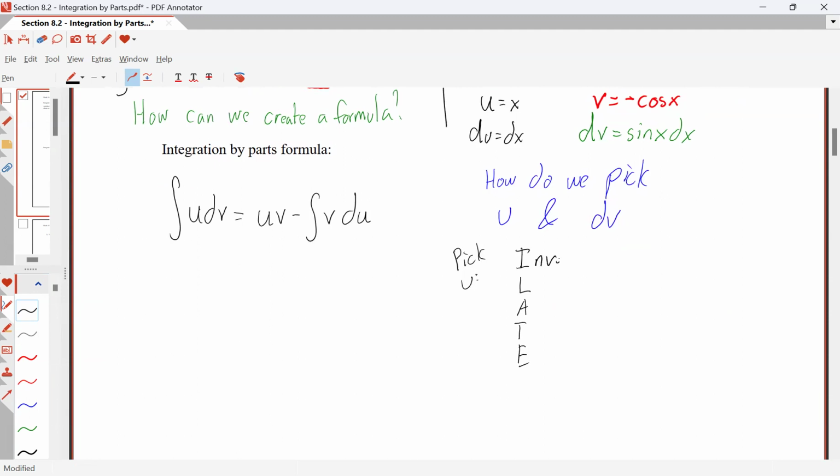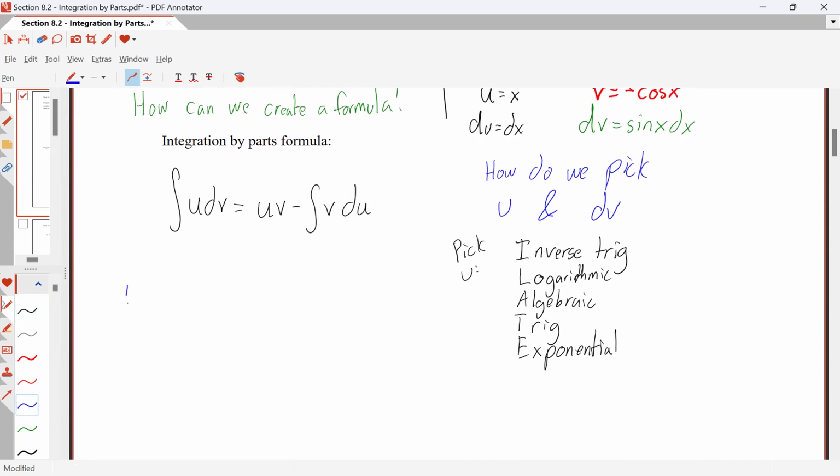I stands for inverse trig. So if we see inverse trig functions, that should be our u. L stands for logarithmic. A stands for algebraic. T stands for trig, and E stands for exponential. So we can pick our u based on this ordering.